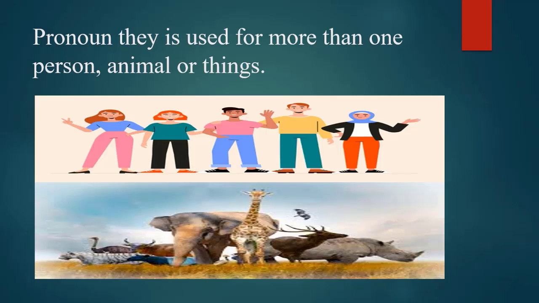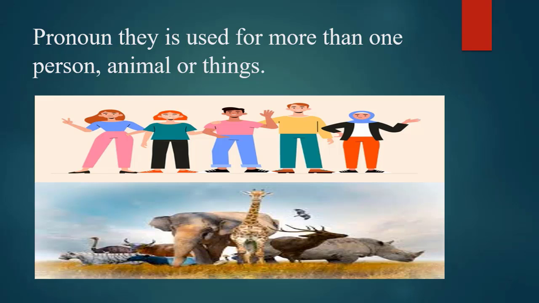Pronoun they is used for more than one person, animal or things. For example, boys and girls are standing and they are waving.